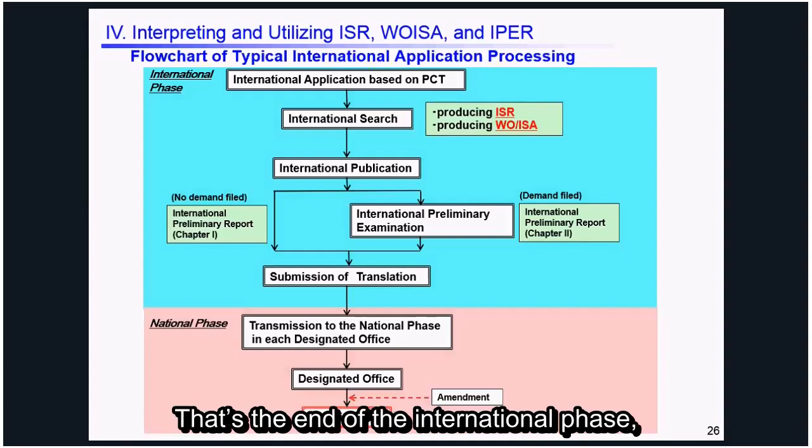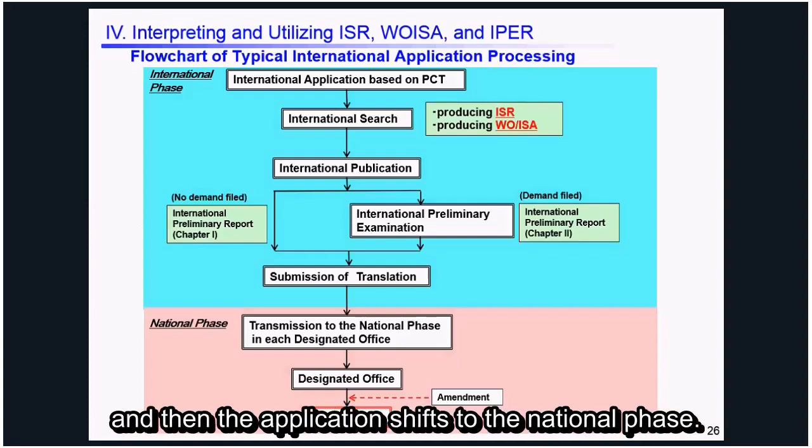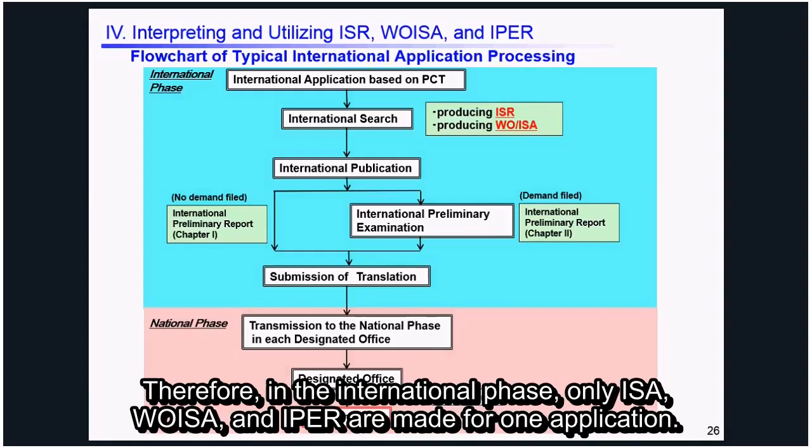That's the end of the international phase, and then the application shifts to the national phase. Therefore, in the international phase, only ISR, WOISA, and IPER are made for one application.